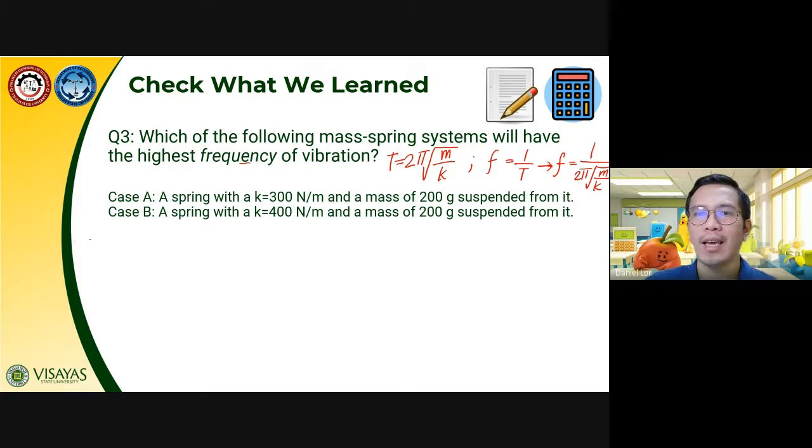Again, we need to write first what are the given and the required before writing our solution. So given, we have for case A, your spring constant, we can write that as K sub A is equal to 300 Newton per meter.